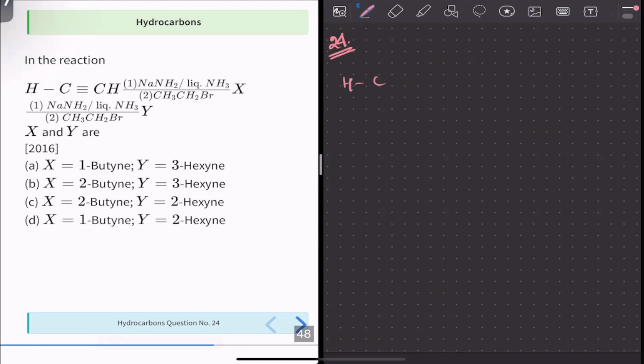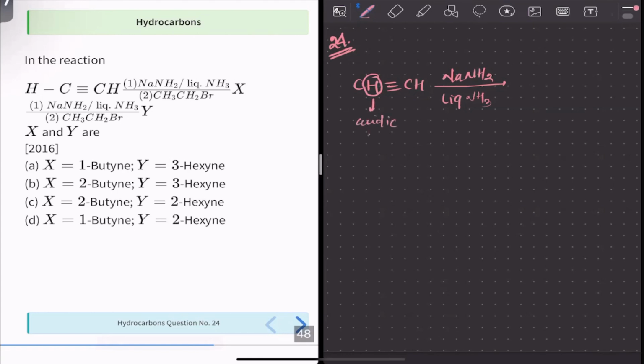Firstly, we have to react acetylene with NaNH2 in liquid ammonia. Can you notice? It is an acid and NaNH2 is a base, because acetylene has an acidic hydrogen.